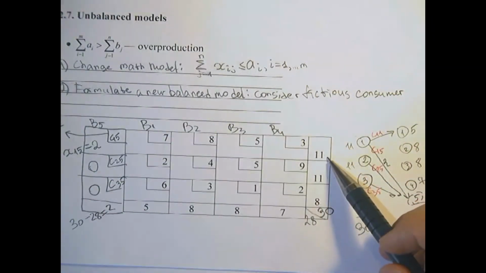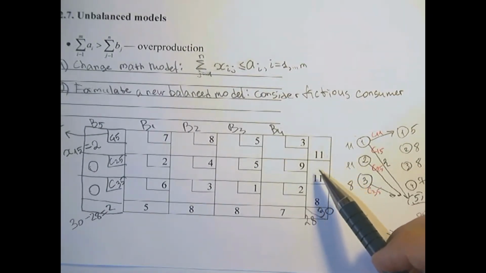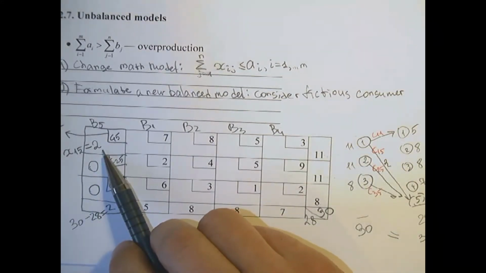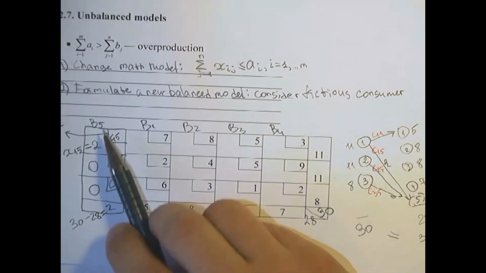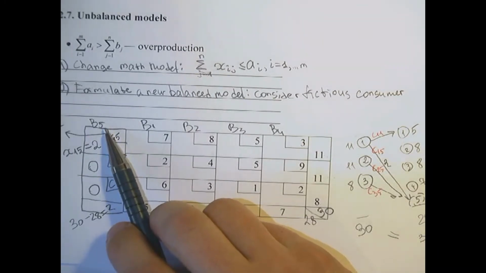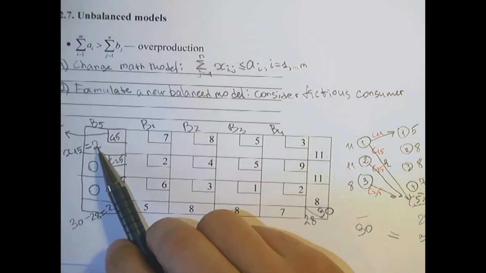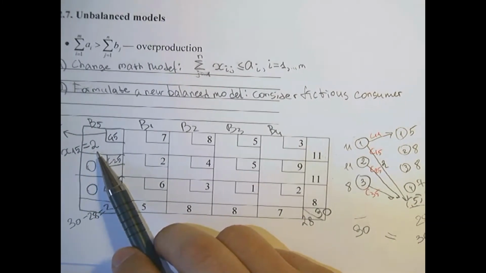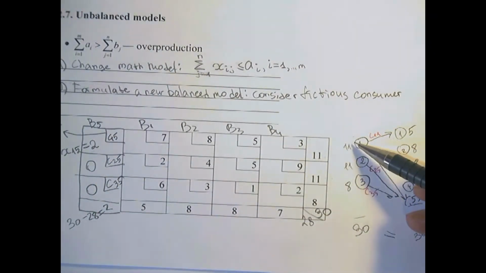And only for the first supplier, Excel proposes such a solution in which there are 2 choco boxes from the first supplier to the fictitious customer B. So it means that we leave 2 choco boxes after optimization at the first warehouse.